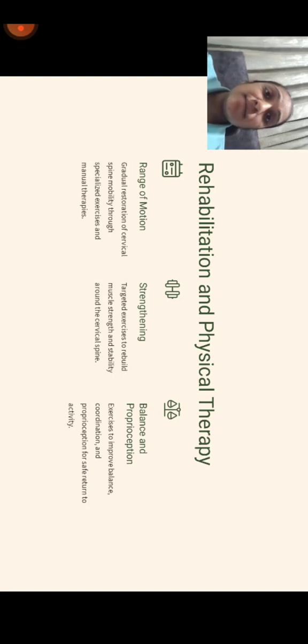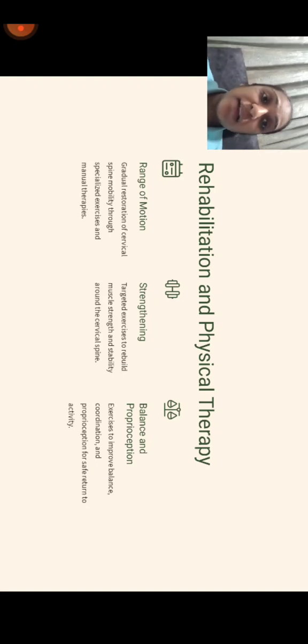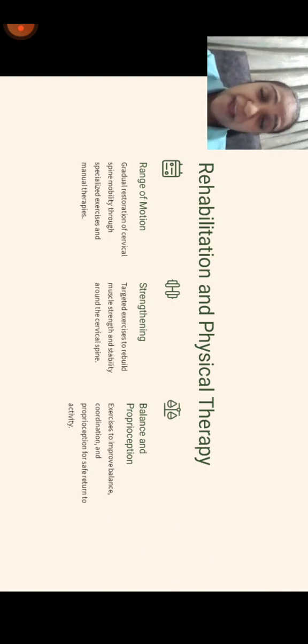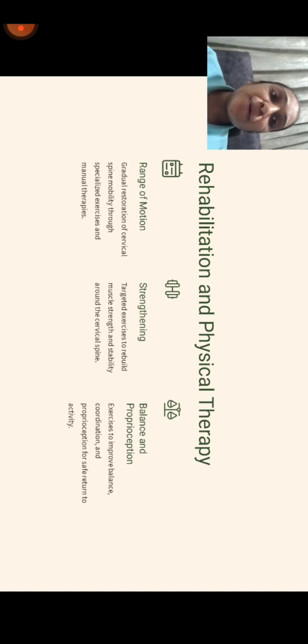Strengthening: targeted exercise to rebuild muscle strength and stability around the cervical spine. Balance and proprioception: exercise to improve balance, coordination and proprioception for safe return to activity.